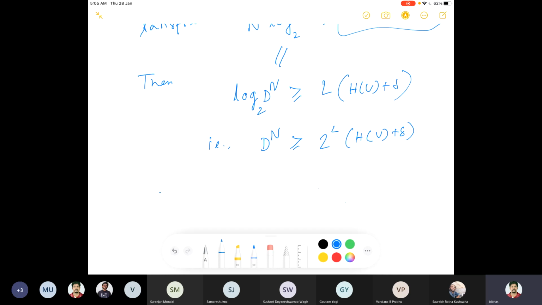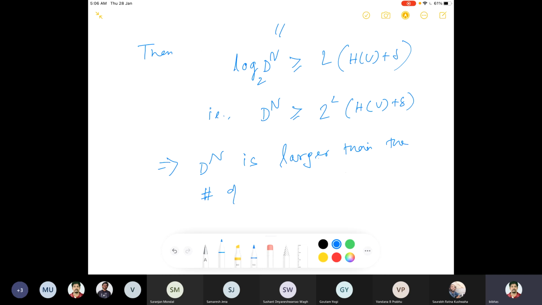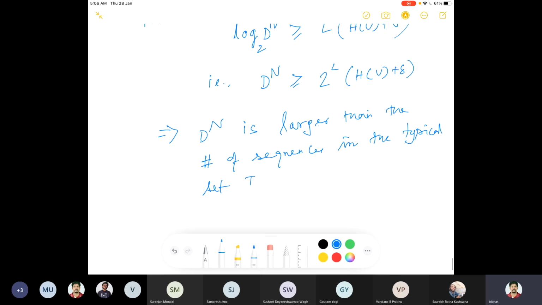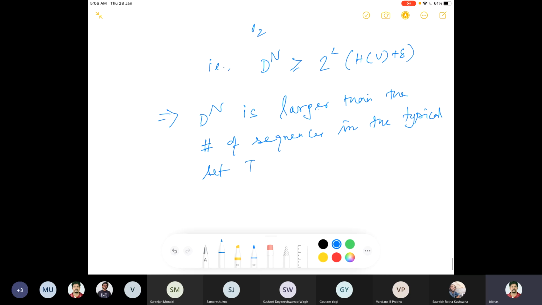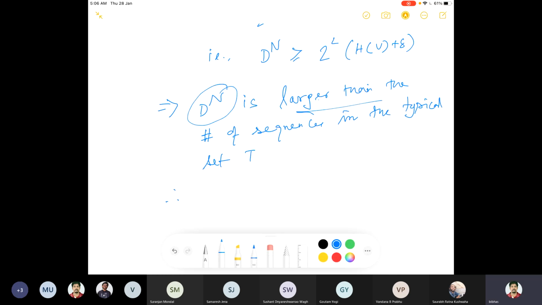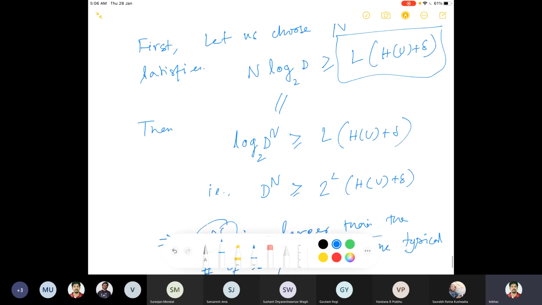This implies D to the power n is larger than the number of sequences in the typical set T. Therefore, if you choose n this way, see, everything here is known, by the way.